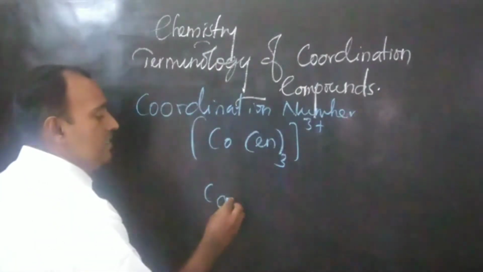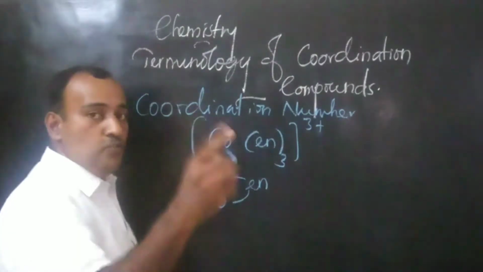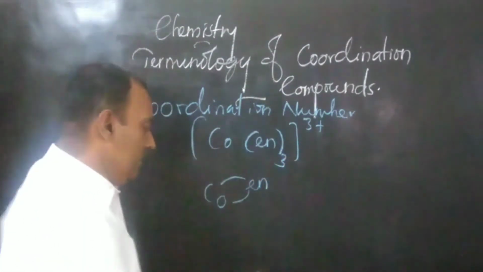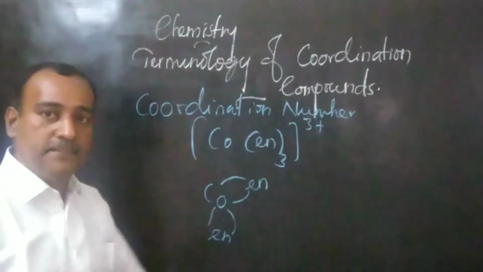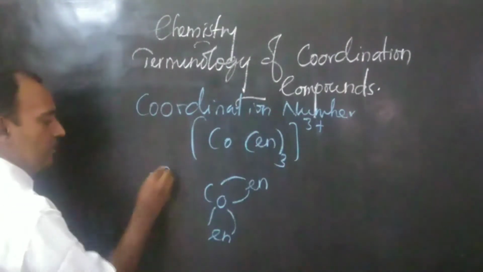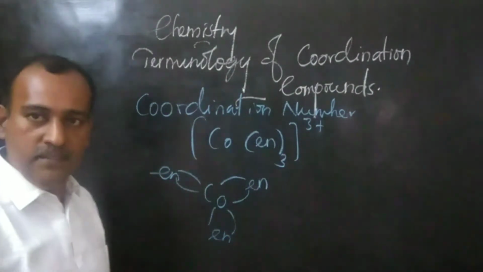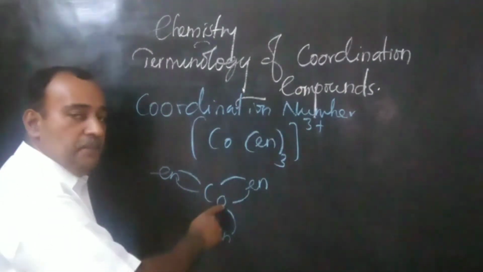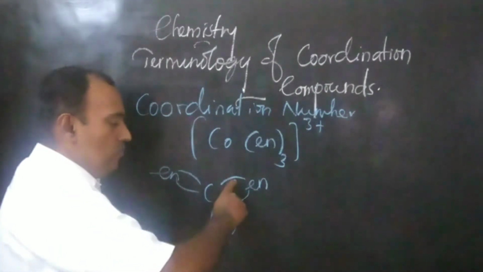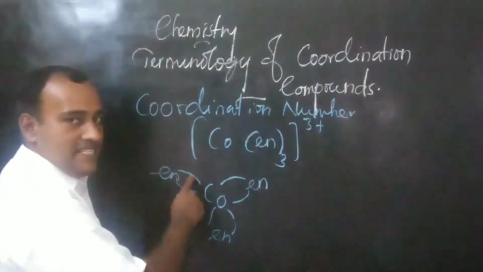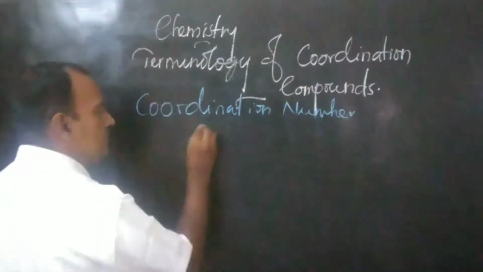But listen here, each en forms 2 bonds because it is a didentate ligand. Here another en is present, it is connecting the central metal atom with 2 bonds. Here another en is present, it is connecting the central metal atom with 2 bonds. That means the number of chemical bonds formed between the ligand and central metal atom is 1, 2, 3, 4, 5, 6. So the coordination number is equal to 6.